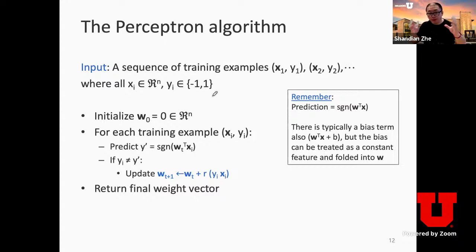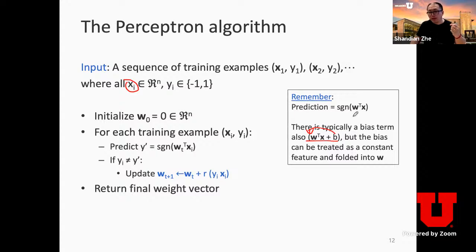Here, I want to emphasize that for convenience, we assume this Xi has already included the augmented constant feature 1. Remember, when we talked about the representation of linear classifiers, we used a trick to simplify the notation. We do not want to always write down the bias parameter b, so we fold the bias parameter b into the weight vector, and correspondingly append a constant feature 1 into x.